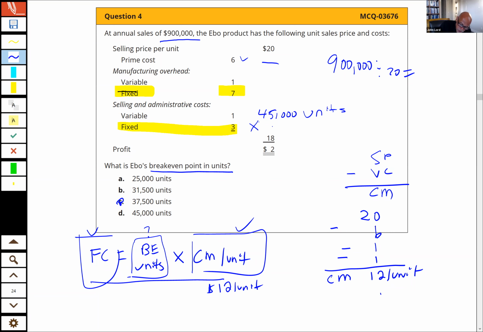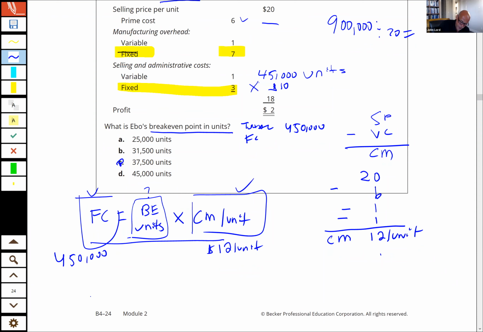So 45,000 times 10 means that my total fixed cost must be what? 450,000. Yep, which I can put over here now. 450,000 divided by what? $12 per unit. Good. Gives me the break even in units here. The answer to this question was 37,500.